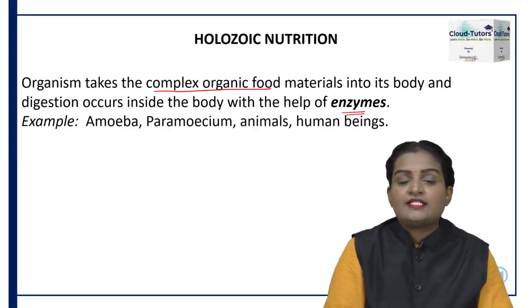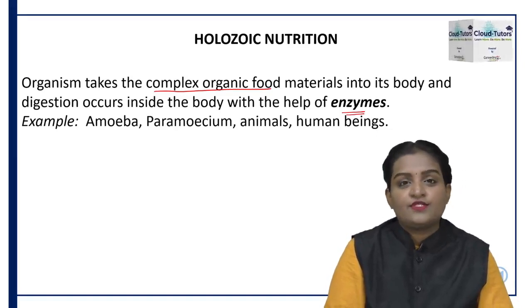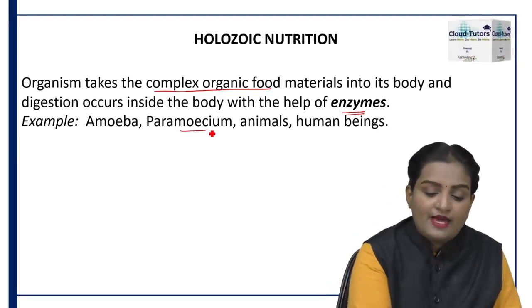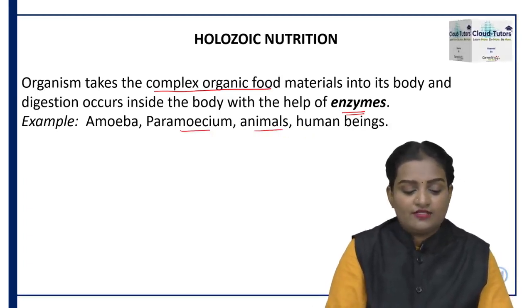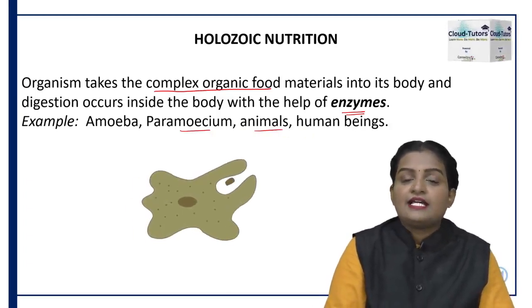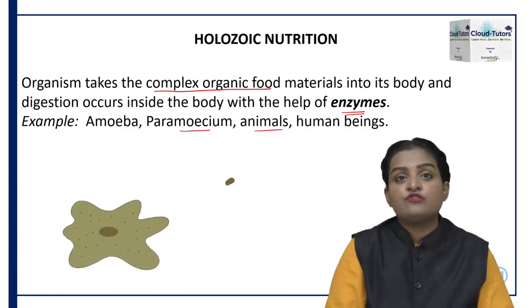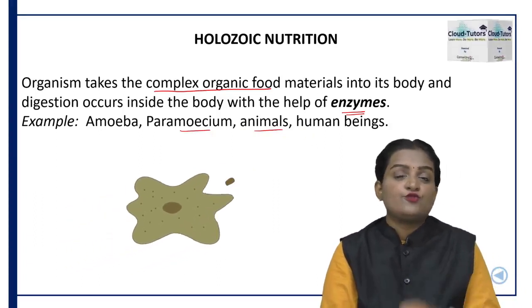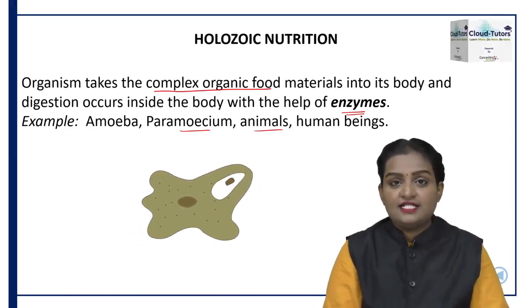Other examples are paramecium, some animals, most of the animals and humans. In amoeba, first it engulfs the food through false feet, that is pseudopodia. It takes in the food and digestion occurs inside its body.